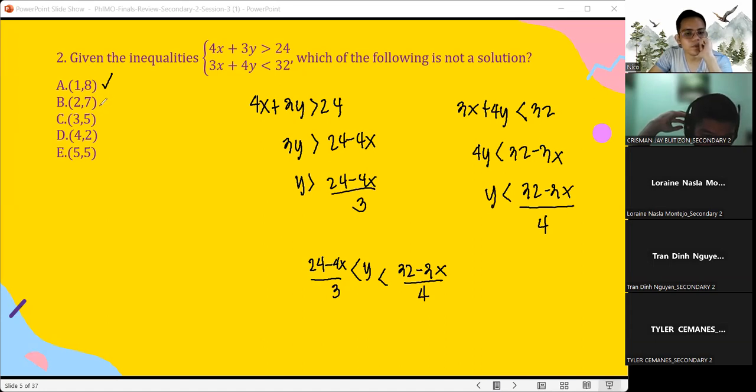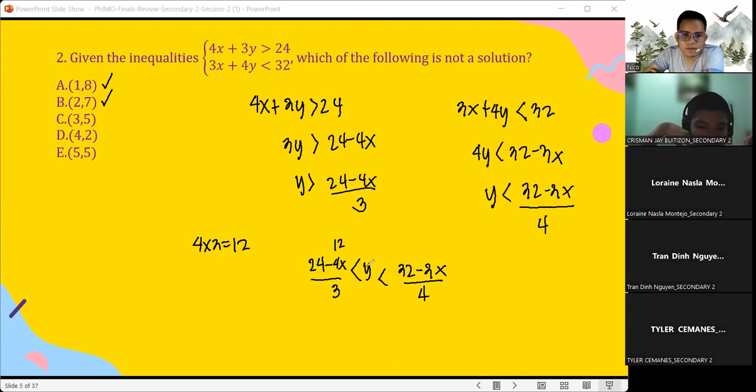And then if x is 2, that's 8, so 24 minus 8 is 16, and 32 minus 6 gives 26 over 4. Then if it's 3, 4 times 3 is 12, 24 minus 12 is 12, so over 3 it's 4.